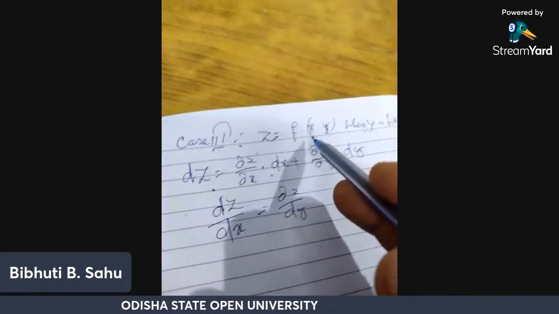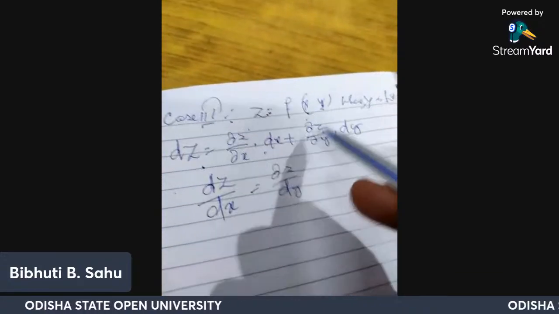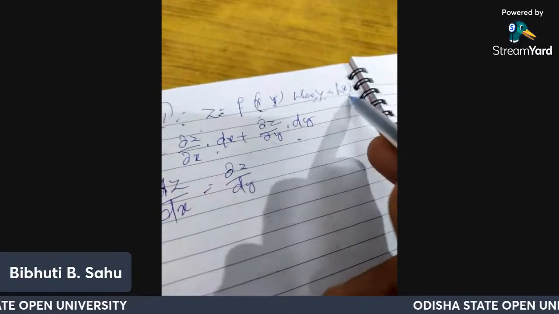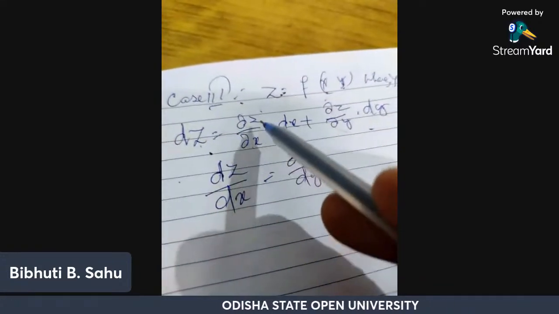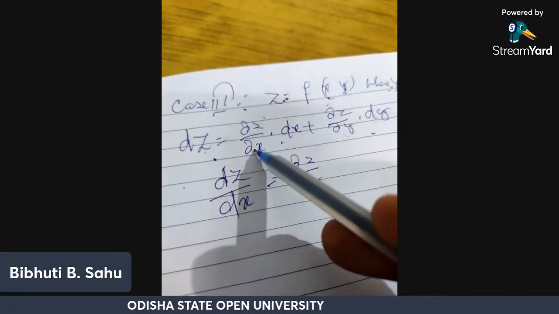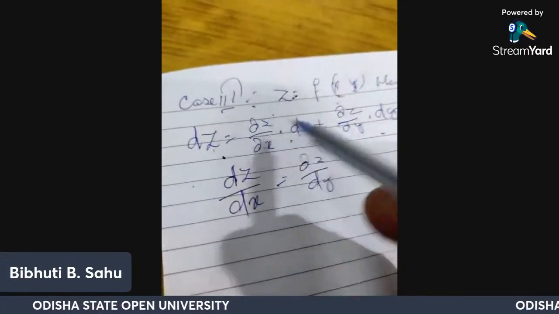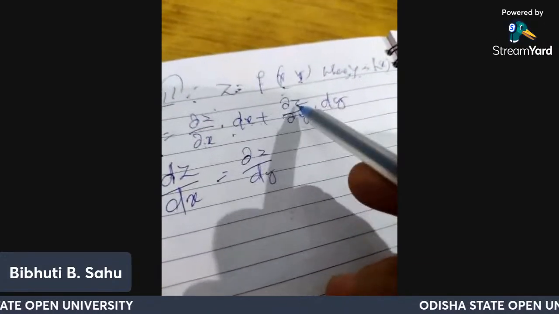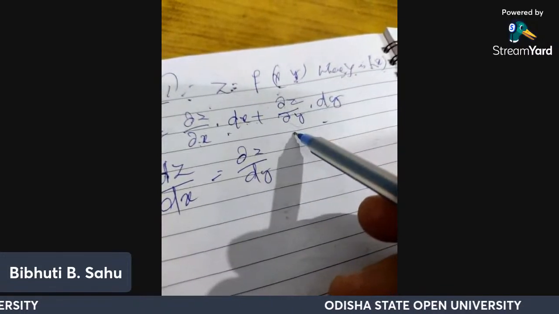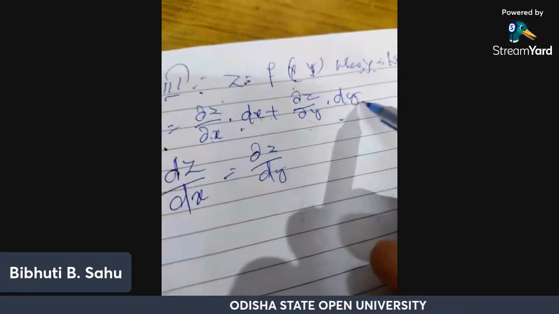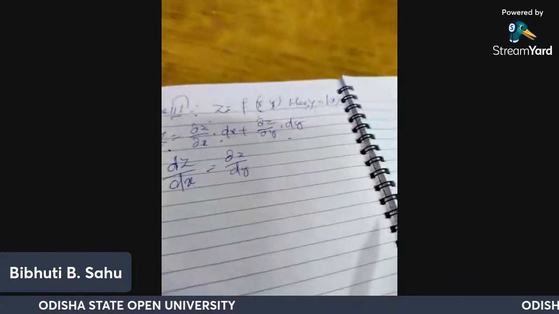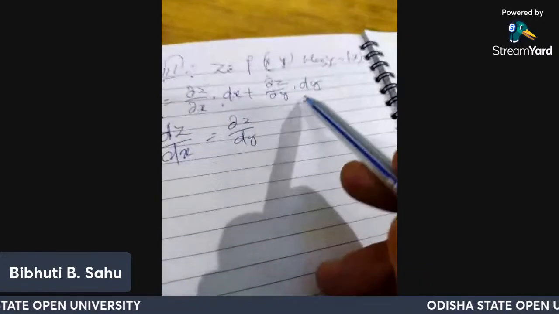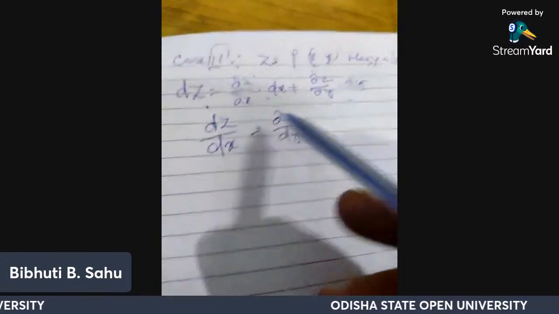When z is a function of x and y, and y is a function of x, then dz is equal to del z del x, this is the partial derivative with respect to x, into dx, plus this is the partial derivative with respect to y into dy. But again, we know y is a function of x, so we have to find dy by dx.